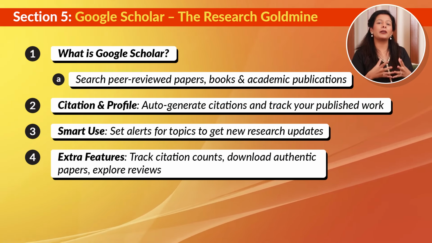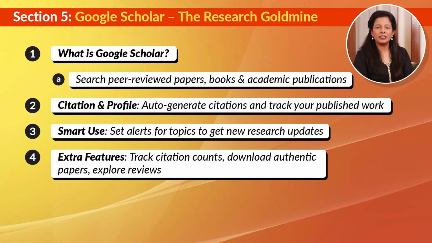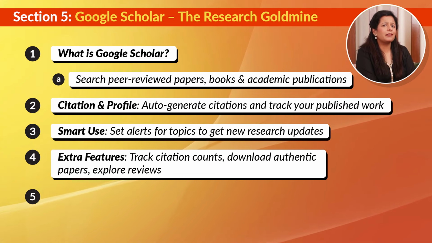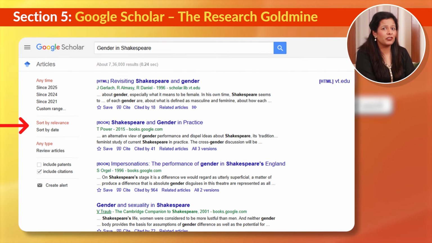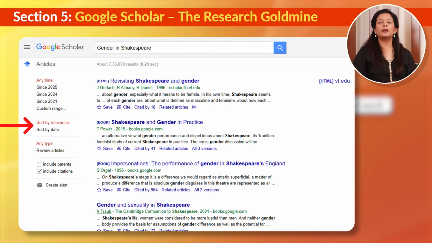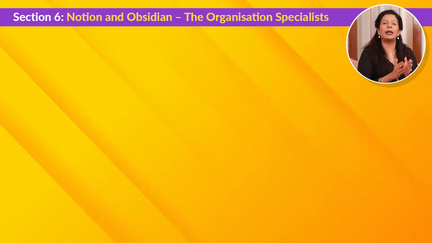You can track citation counts, download authentic papers, and explore literature reviews. A quick tip is to always sort your search results by year so that you do not end up quoting outdated research.